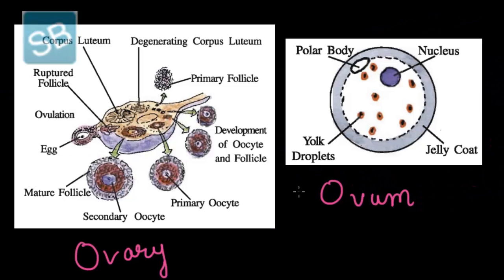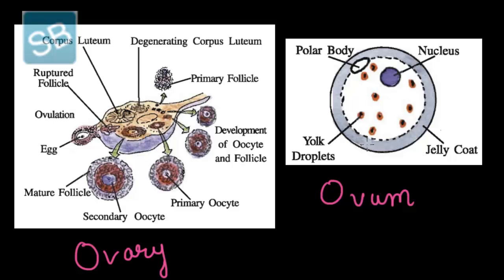This figure depicts the structure of the ovary and ovum. As can be seen from the figure, this is the structure of a mature ovum, which has a cell-like structure possessing a polar body, nucleus and outer jelly-like coat.